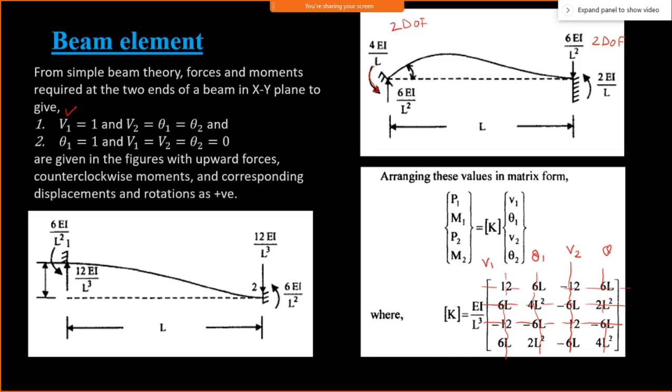This is the matrix derived from basics. P1 indicates force, and moment also comes into the picture. P1 and M1 are applied at node number 1, and P2, M2 are applied at node number 2. Likewise, we get a single matrix, which is the representation of the stiffness matrix.